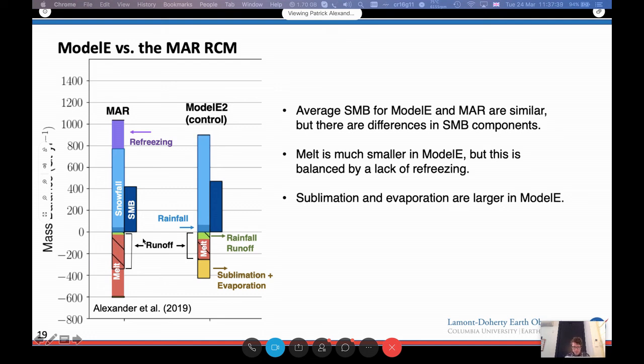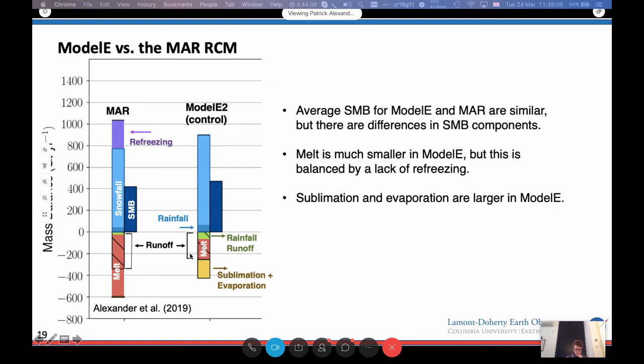So those terms kind of balance out. Even though there's more melting in MAR, a good portion of it gets refrozen, which doesn't happen in Model E. We also see higher sublimation in the GCM. So I'll talk about why we think that's occurring a little bit.